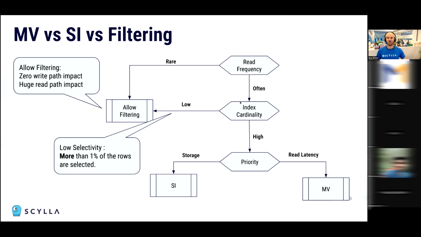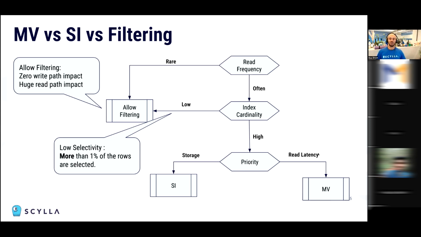Okay, so going back to cardinality, if the cardinality is high, which goes back again to selectivity, meaning we're not selecting a high number of rows, so we're having high selectivity, then we are going to look at two different options. One is if we want to give a preference to read latency.